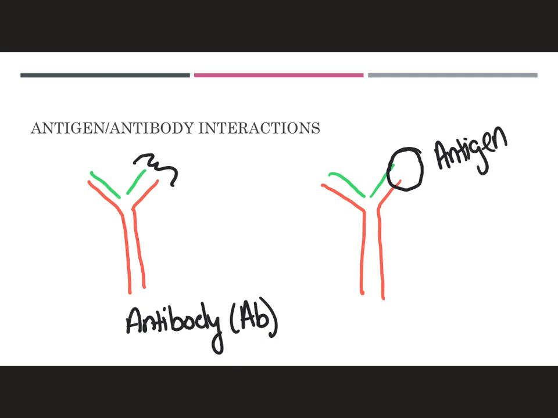And I'm going to write here antigen with its abbreviation so that when you're taking notes, you can do that shorthand, okay? So this video is just a quick look into antigens and antibodies, what they are, how they interact. In later videos, I'm going to go into more in-depth explanation as to how these antibodies come about and more aspects on what the antibodies actually do, their properties, etc.